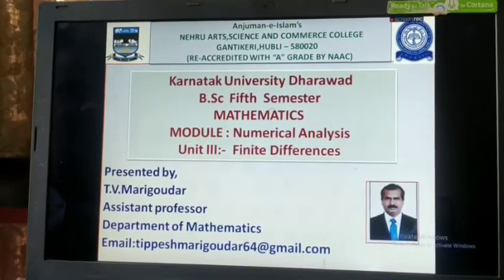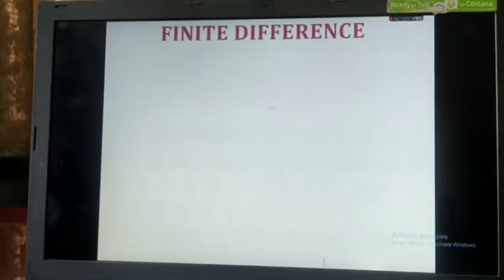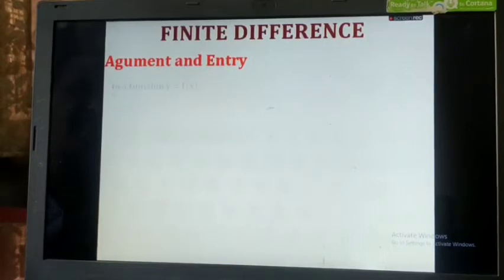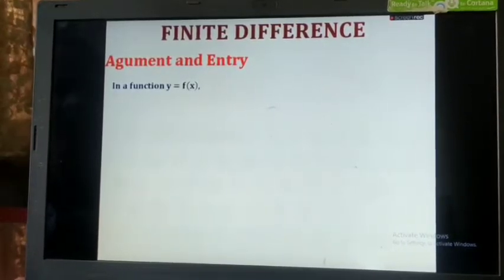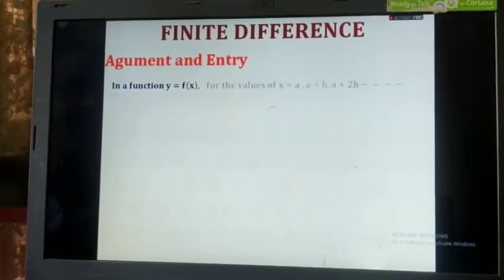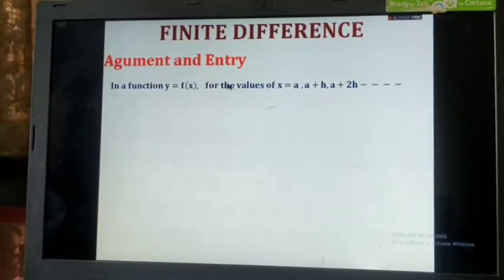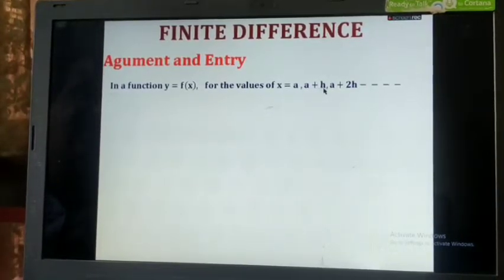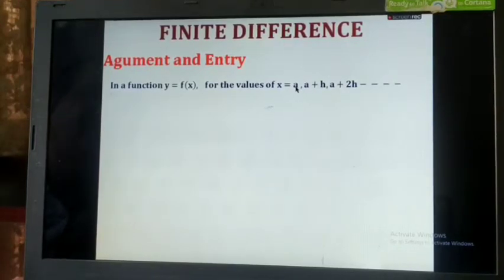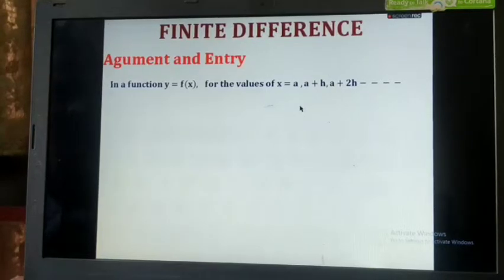In finite differences, we need to define what is the argument and entry. Usually, you consider the function y equal to f of x. In the function y equal to f of x, for the values of x, we can say x equal to a, a plus h, a plus 2h, and so on. x equal to a is the initial value, and a plus h is the increment in x, that is, a increased to a plus h, a plus 2h, and so on.